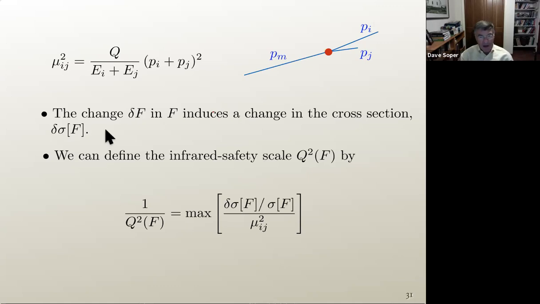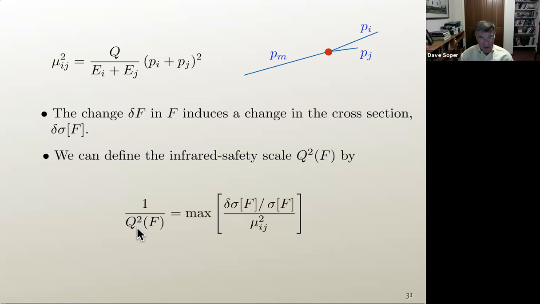And now I can define the infrared safety scale corresponding to observable F. And 1 over that scale, Q squared of F, is the maximum of the logarithmic rate of change of the cross-section, so d sigma divided by how collinear that is, in the limit as mu squared goes to 0. And if there's many terms here, you just take the biggest one, so the most sensitive one.